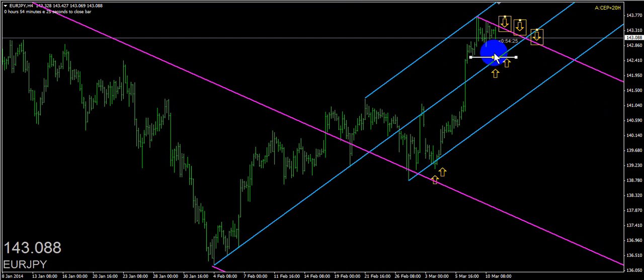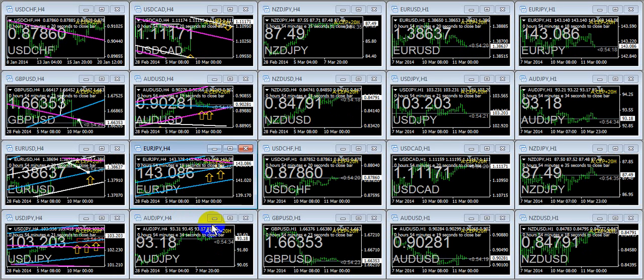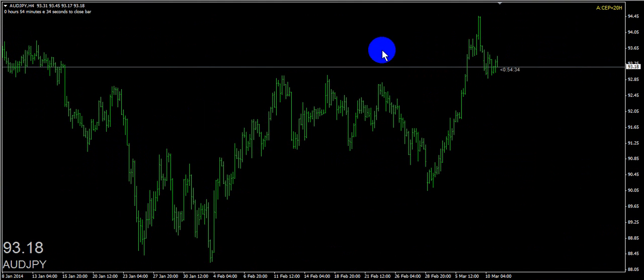Okay, next pair. Aussie Yen. Very similar to Euro Yen.